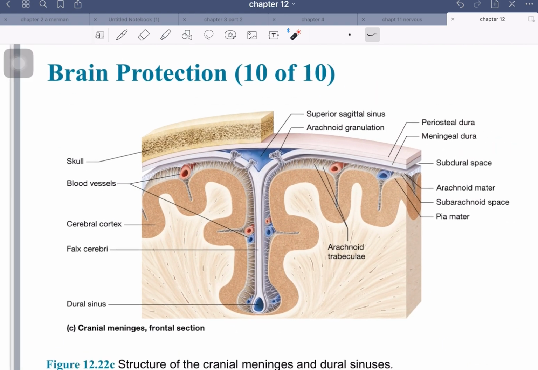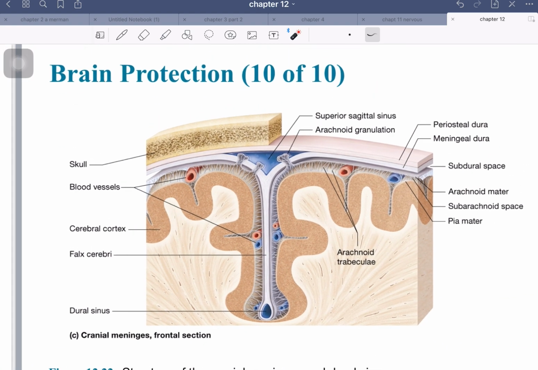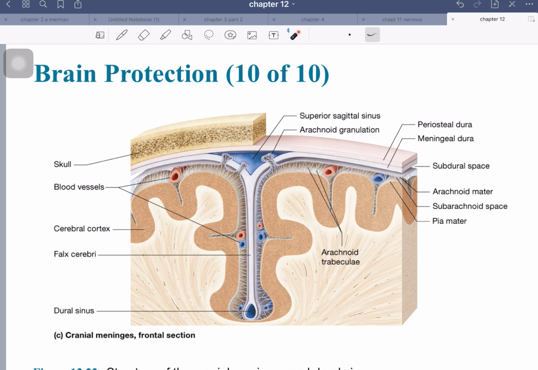So we've looked at this diagram. Now let's go here. This one we can start to see things a little bit better. So here we have, of course, the cortex, that's the gray matter. We have the white matter of the brain. We're looking at the superior aspect of the skull here. And of course, this is one of the hemispheres of the brain, and here's the other hemisphere.